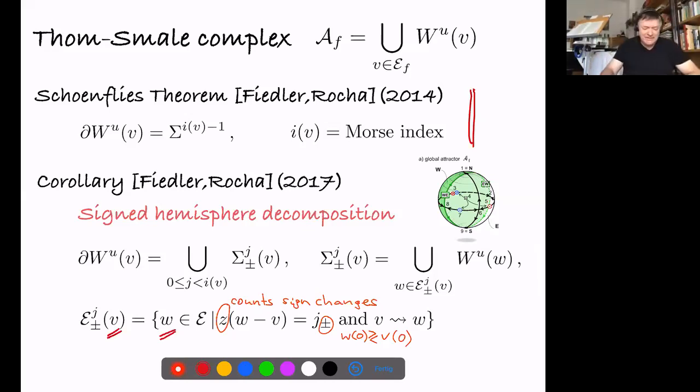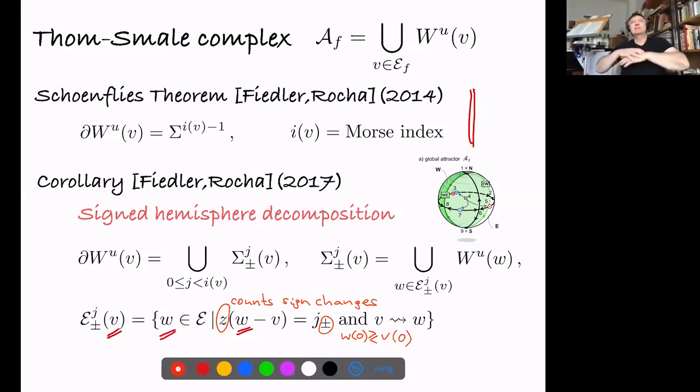The upper hemisphere is given by the unstable manifolds of those equilibria W which V connects to, because V connects to W means we are sitting on the boundary of the unstable manifold, and which have a prescribed number Z of zeros for the difference. So we are counting the intersections between two equilibria. This intersection count is crucial; this is where the one-dimensionality of our problem comes in.